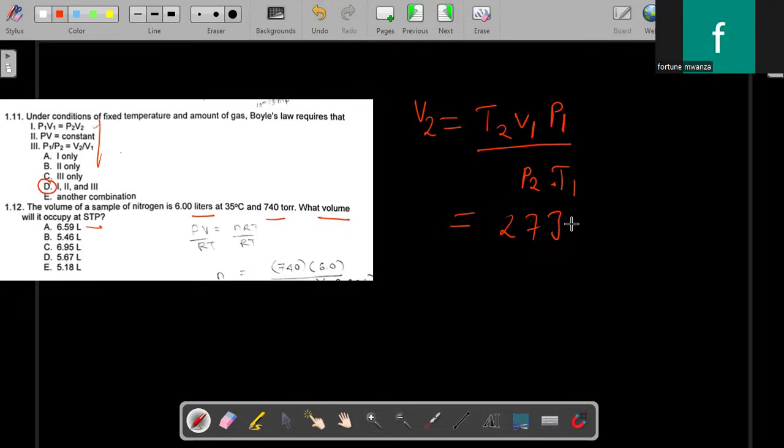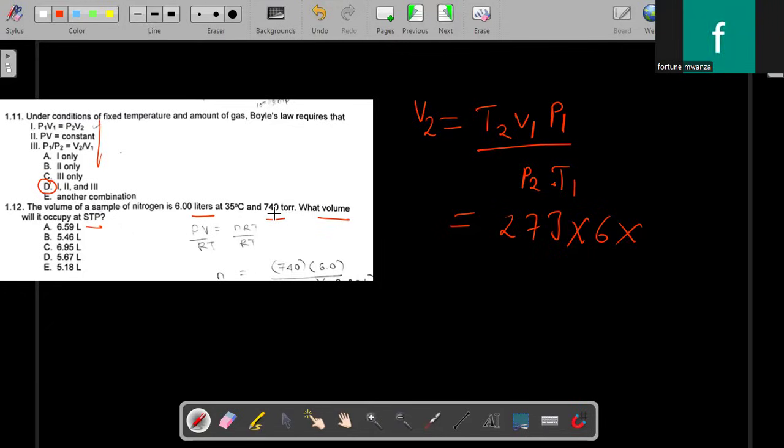Times the volume there. The first volume is 6 liters, so I have 6 times the first pressure, which is 740 torr.